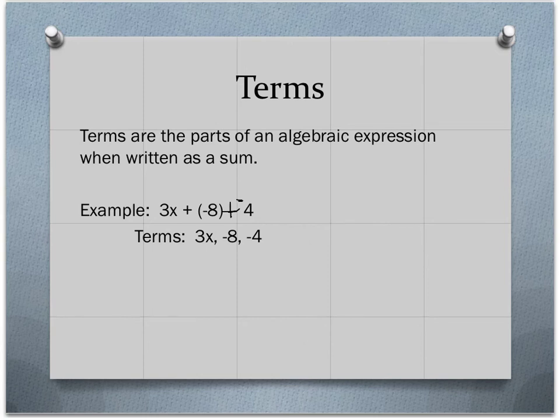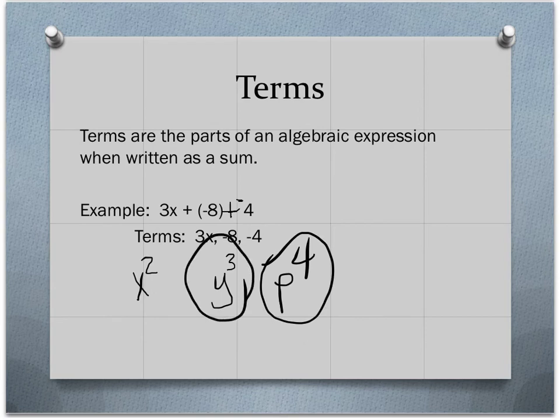Some more terms that we could have would involve squared terms like x squared, or cubic terms such as y cubed, p to the fourth. I mean, there's all different kinds of terms that we could be talking about. And the final thing is we can group terms that are alike, like terms.